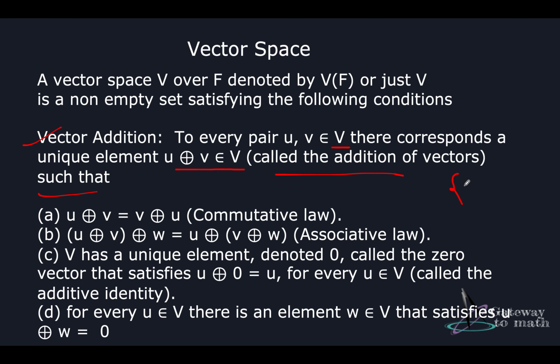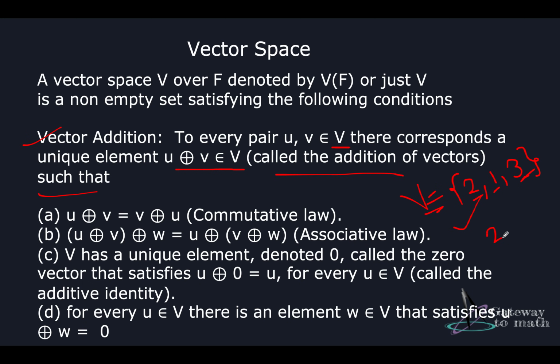So if I have an example of 2, 1 and 3, then the first thing is that if u and v belong to a vector space V, then 2 plus 1, that is the addition of the two elements, should also be a part of the list in the vector space, and we have 3 because 2 plus 1 is 3. So it is satisfying the vector addition condition. Now let us see the other conditions. u plus v should also be equal to v plus u.